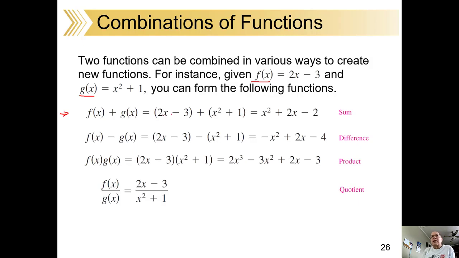I've got 2x minus 3 plus x squared plus 1. Just do a little bit of algebra. There is my function. And since my name is Dale, I'm going to call this d of x maybe. d of x is x squared plus 2x minus 2. Bingo.